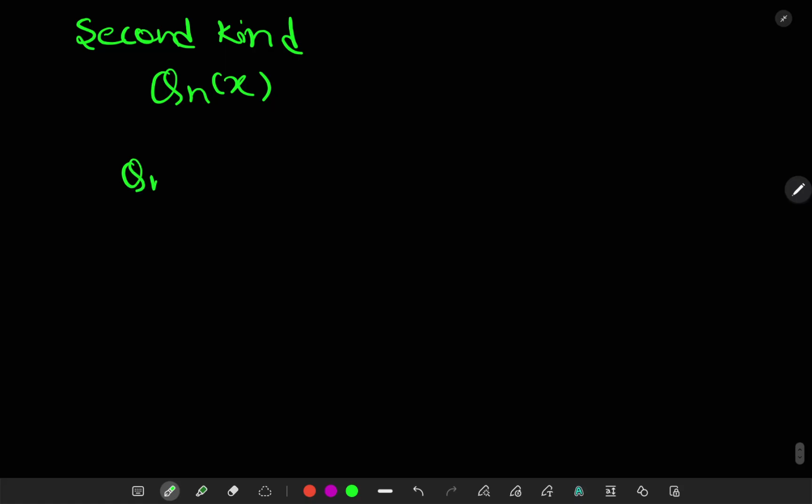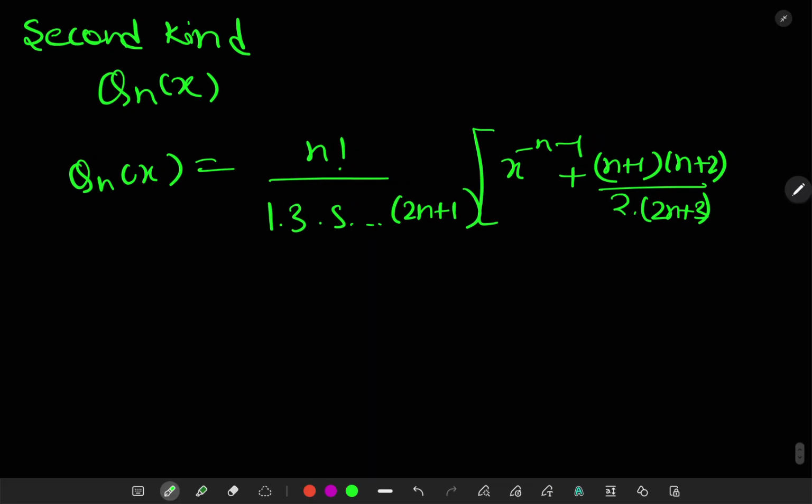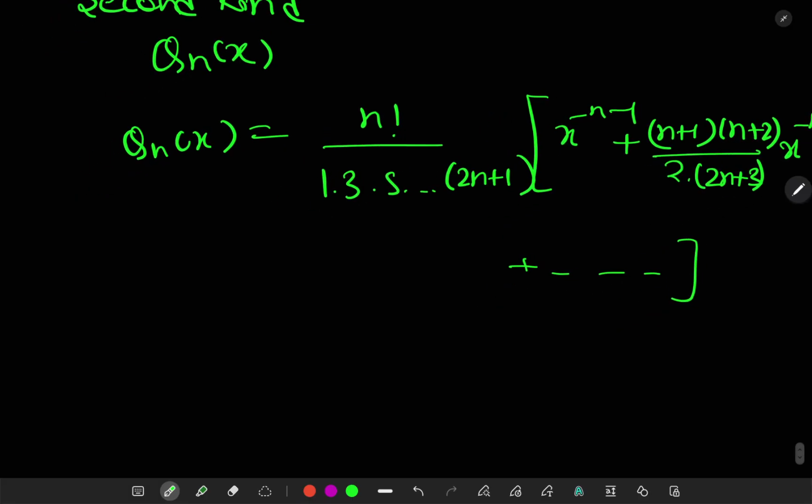Here Qn of x is equal to factorial n divided by this, and so on. Here you can see Qn is a non-terminating series.